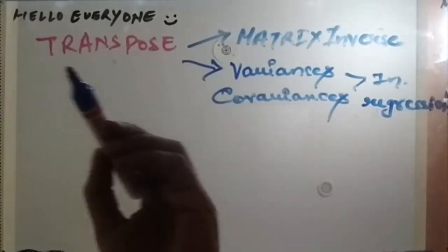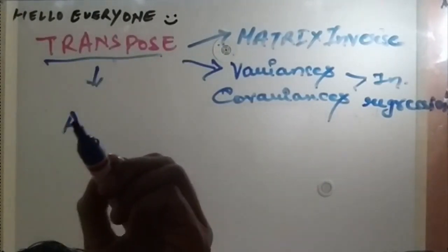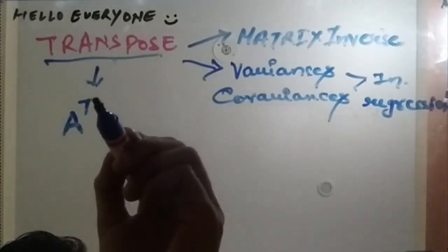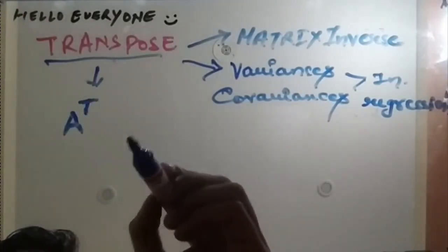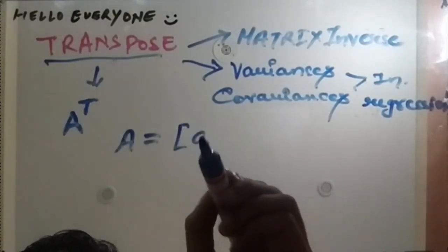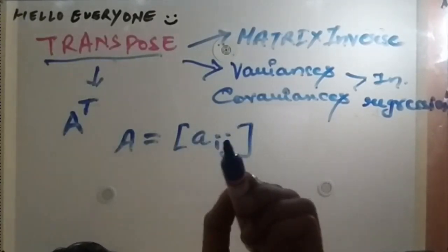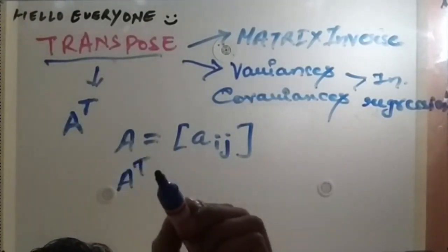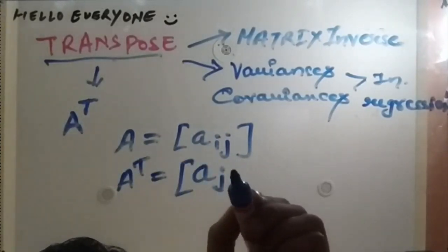We represent transpose by the symbol capital A with a capital T in the superscript. In transpose, suppose there is a matrix A which is represented by small a_ij. Here a_ij represents the element of matrix A. Then A transpose will consist of elements a_ji.